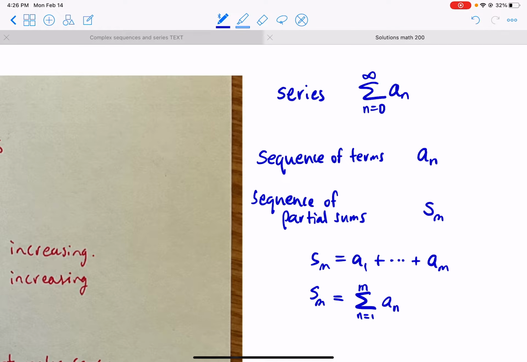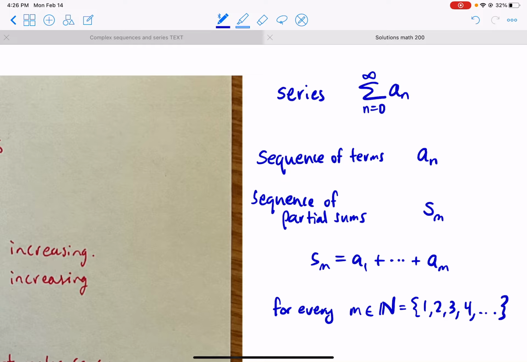But in particular, S sub m is not equal to the sum of infinitely many a sub n's. It's just equal to adding up m of them, and we can do this for every m. Hence, this is a sequence. It's a whole infinite list of numbers, the partial sums for any finite number of terms.